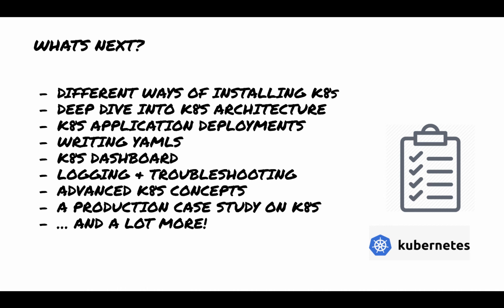And then we move on to logging and troubleshooting, where we will see how we can solve problems if there are any when Kubernetes is running in a production system, and how to detect the issue from a log and how to troubleshoot that.